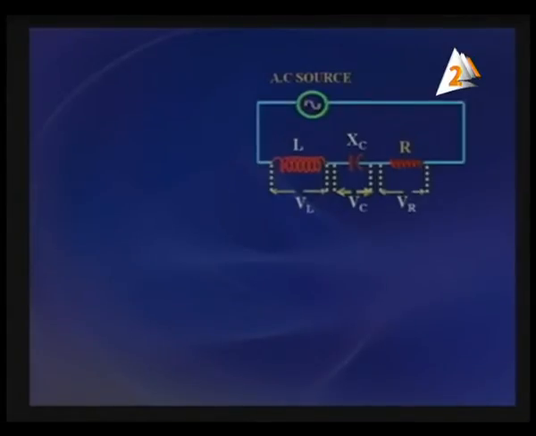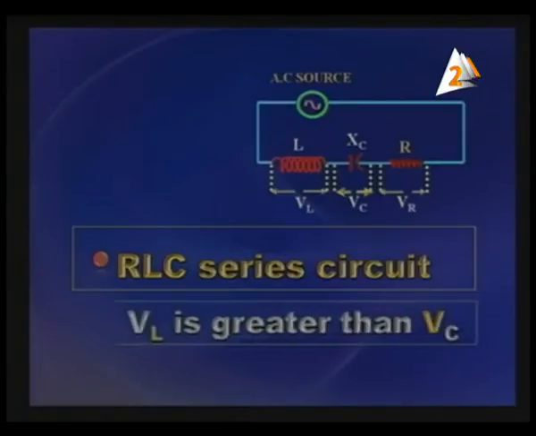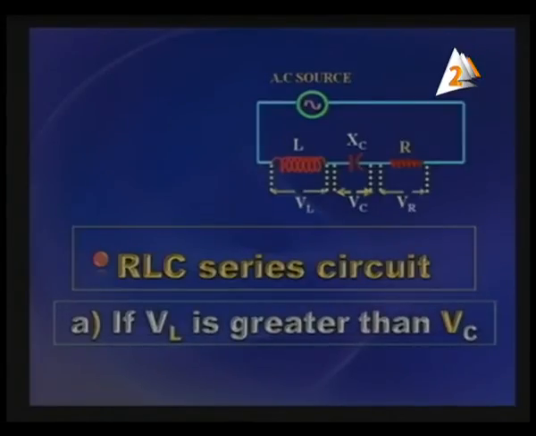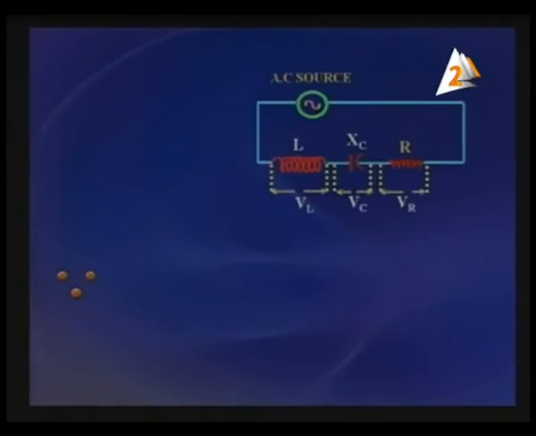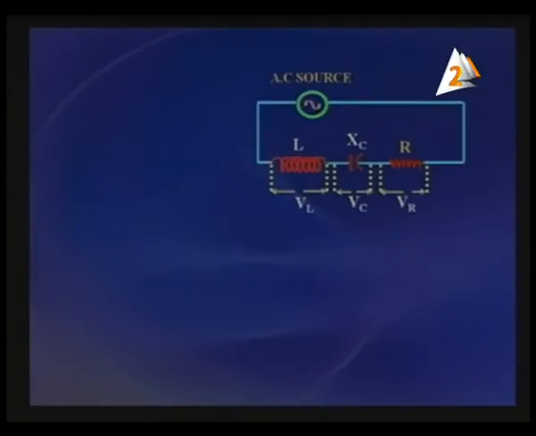Across the inductor, it is VL, and it is I XL. So we call it an RLC series circuit. If VL is greater than VC, the total voltage is given by the equation square root of VR squared plus the quantity VL minus VC, all squared.